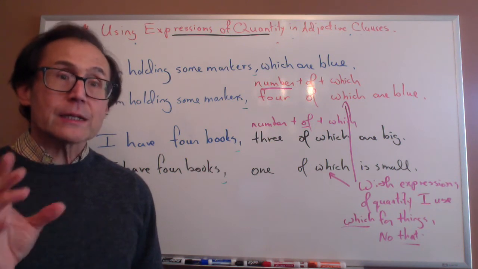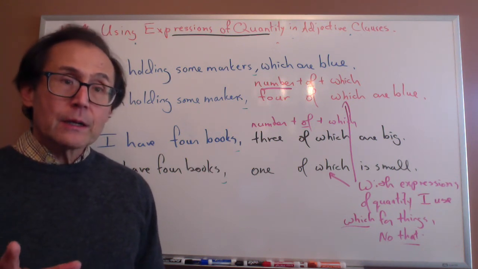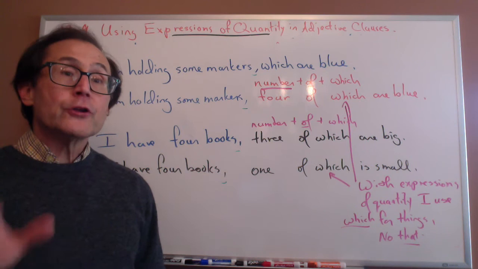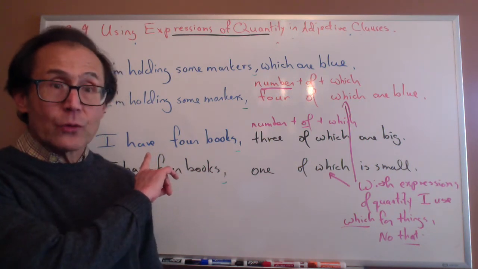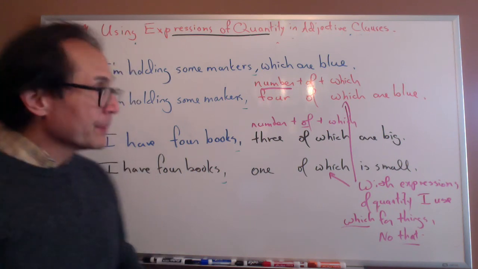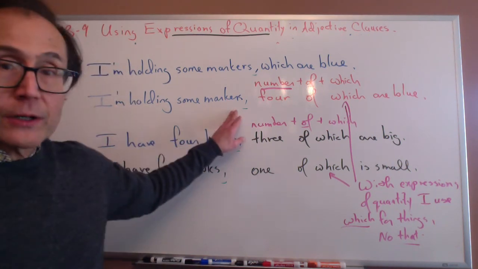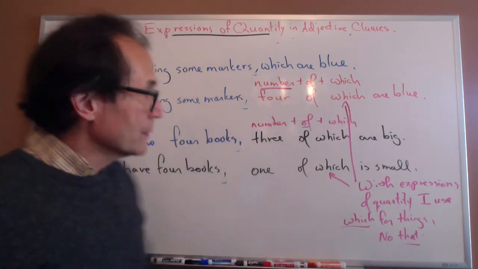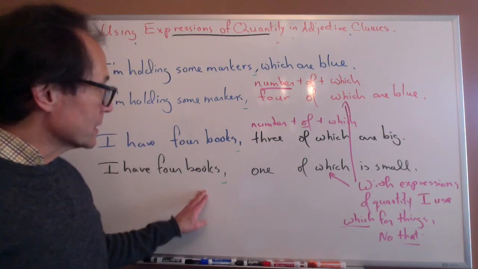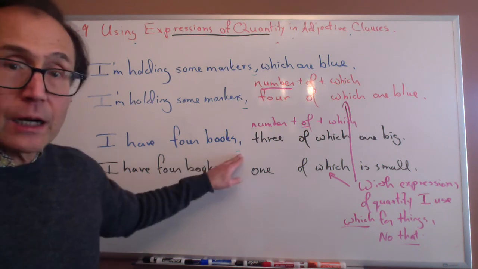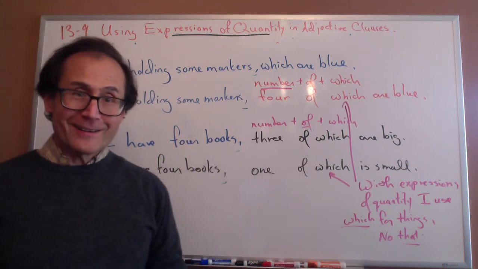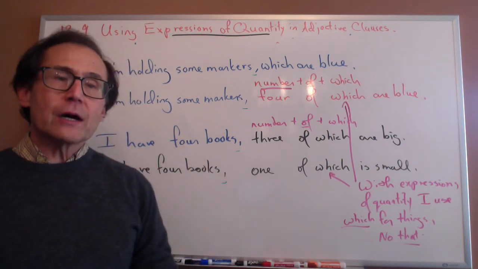There are some times that I may not use the commas, but the book is right that usually we use commas when we're using expressions of quantity in an adjective clause like this. So I'd say, I'm holding some markers, comma, 4 of which are blue. I have 4 books, comma, 1 of which is small. I have 4 books, comma, 3 of which are big. So usually I'll use commas.